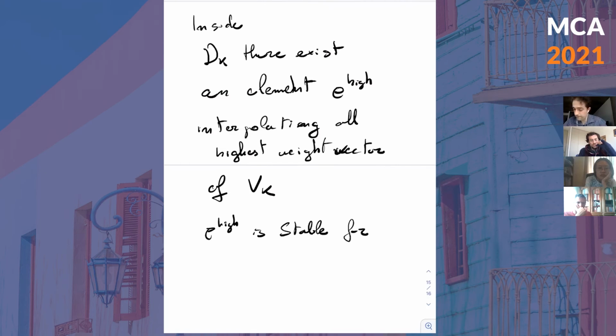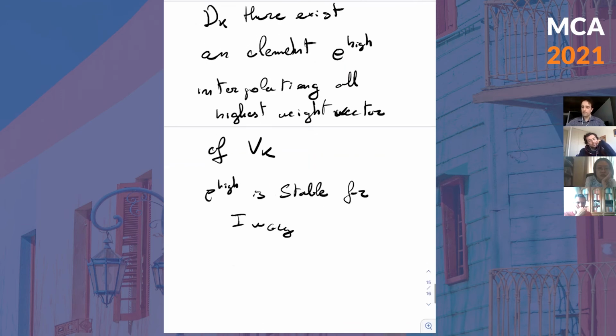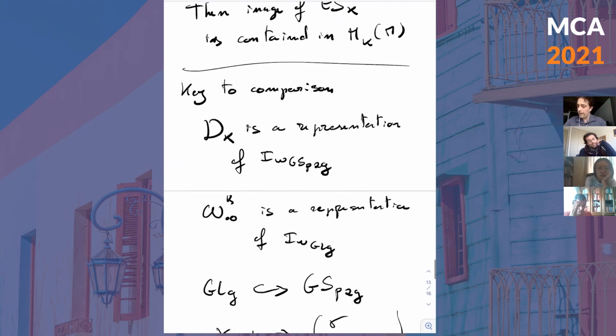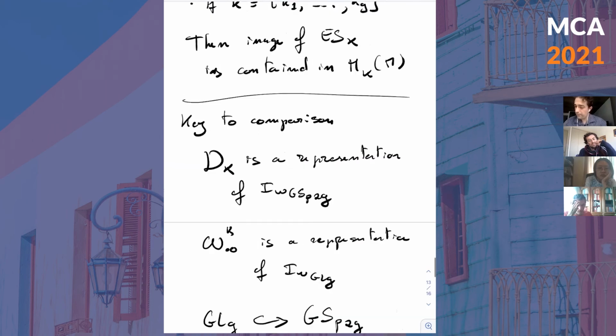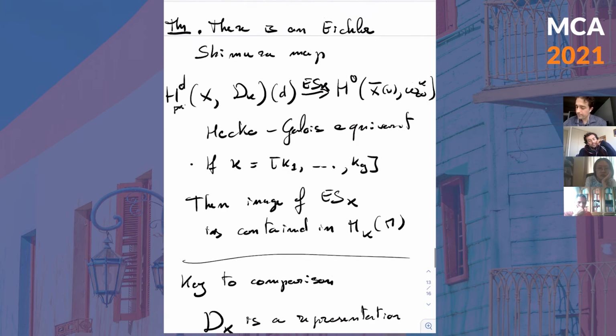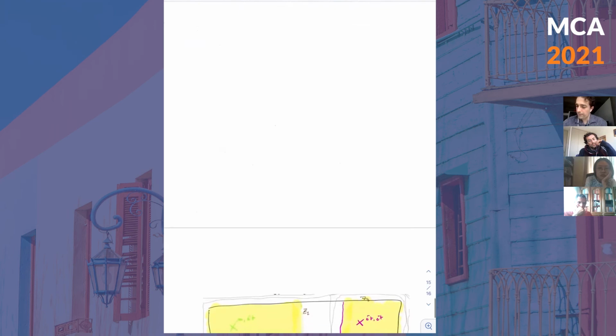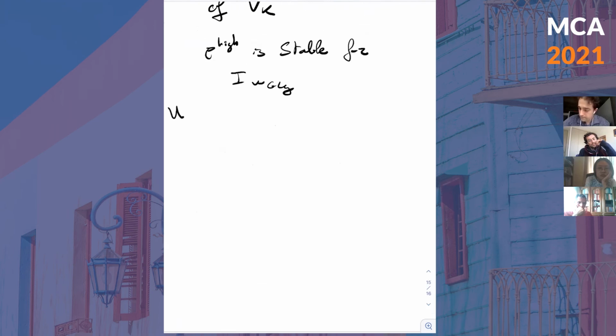Well, it's stable for the action of the Weyl group of GL_g. So the idea for this map, Eichler-Shimura ES_kappa, is that we have a map from D_kappa to Omega^infinity_kappa.